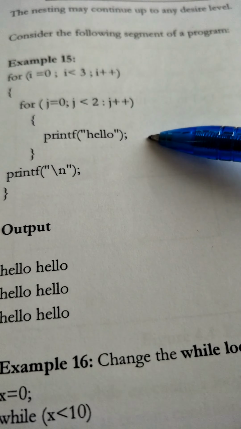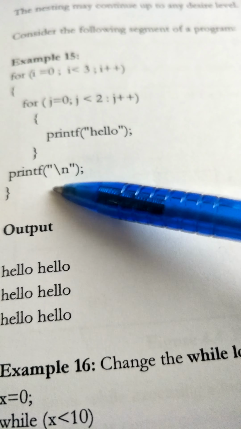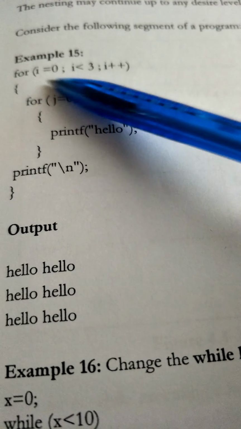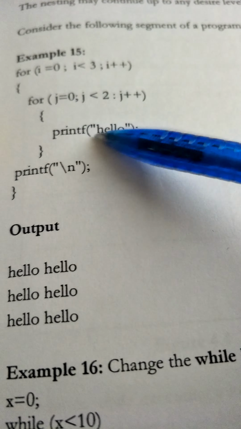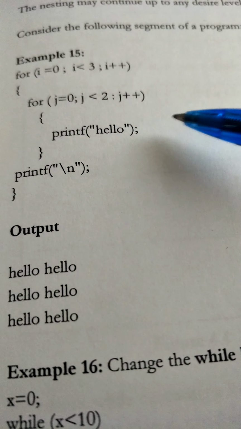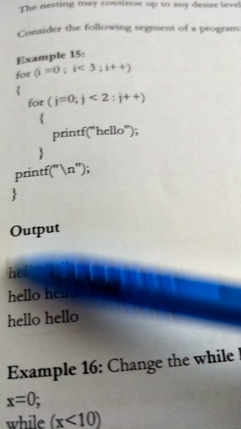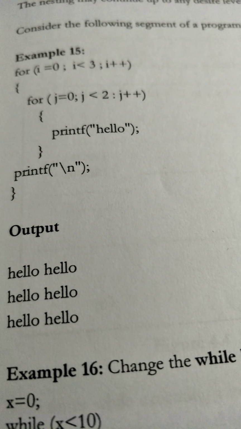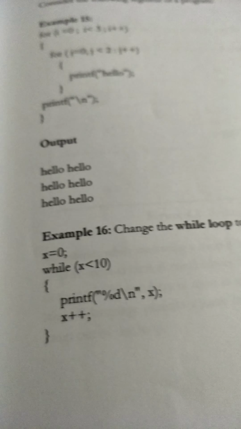When it goes out of the J loop, it prints a new line. Then it enters the J loop again after increasing I, and again prints hello, hello, until at the end you have that output.